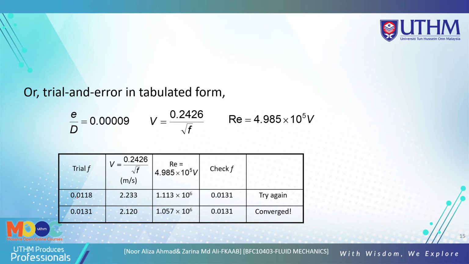If the check here is not the same as this new one, you try again, so try this as the new one here, so you get the same, so it's okay. You just stop at this part, so F is 0.0131, and V is 2.120, so you get Q is 0.4163. Okay, so this is the concept to get the Q.